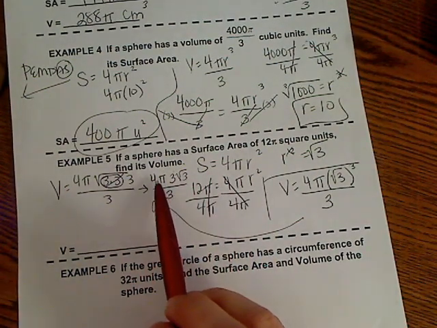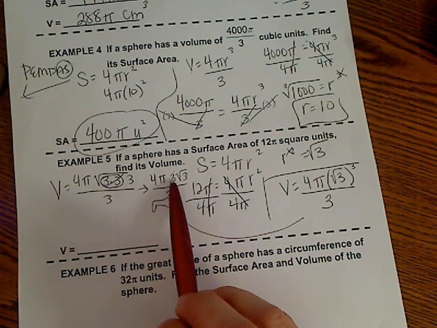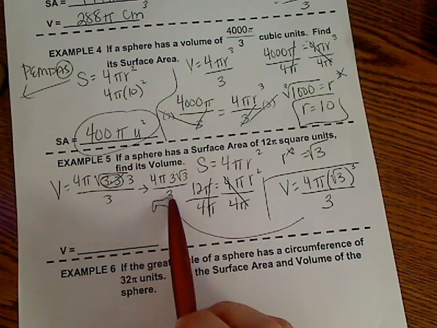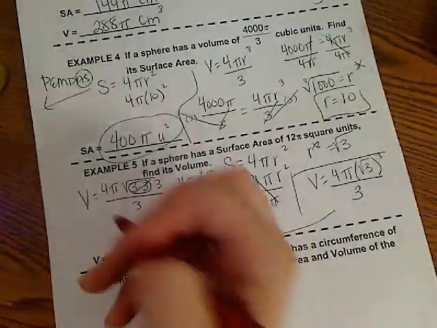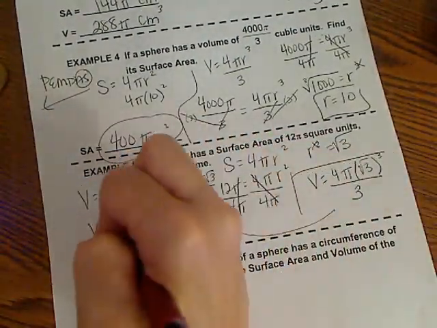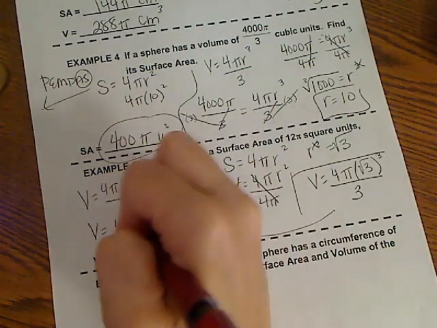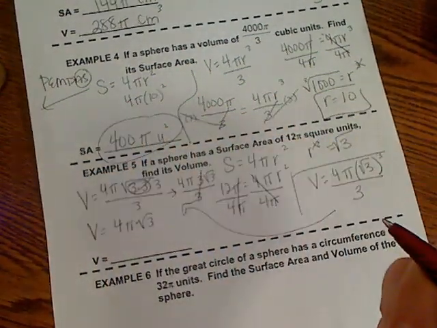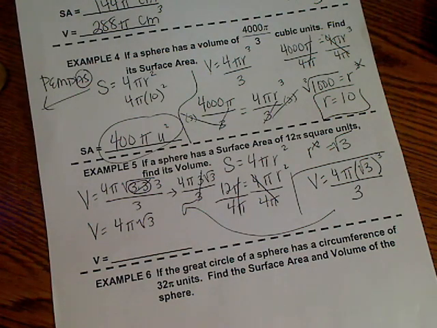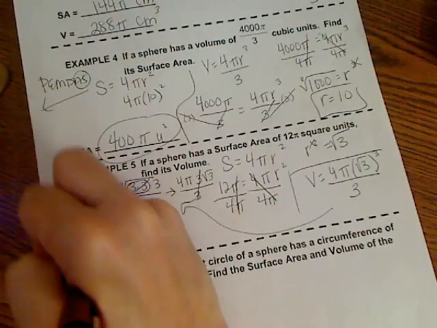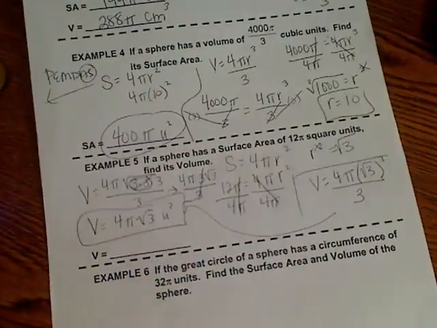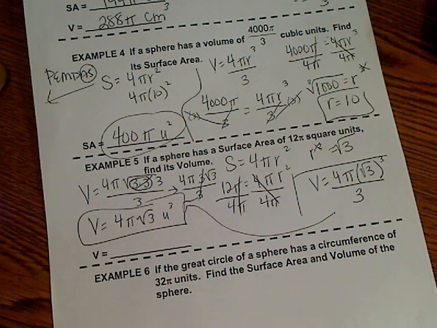But if you see that you multiply 4 times 3, which is 12, 12 divided by 3 is 4. That just basically cancels it out. And your volume is going to be 4 pi square root of 3. Is that correct? Okay, and then we've got units cubed for volume. Okay, does anybody need me to go back over that?